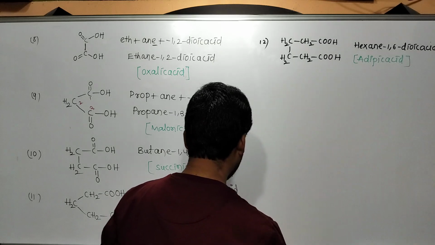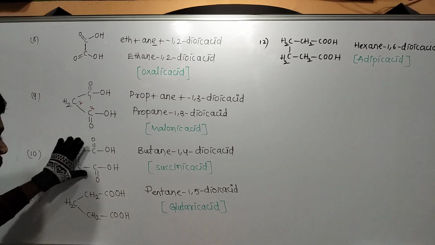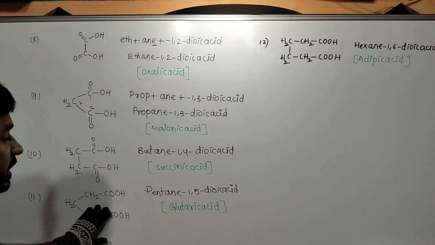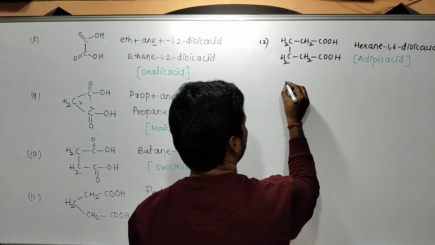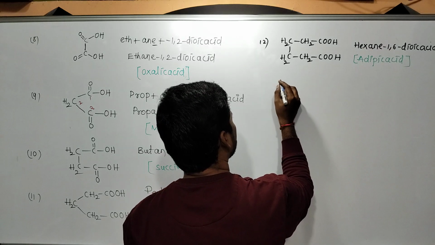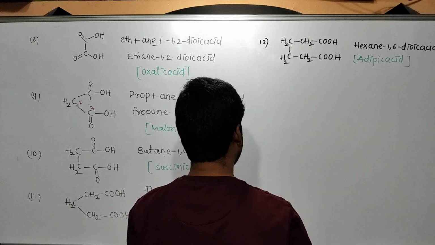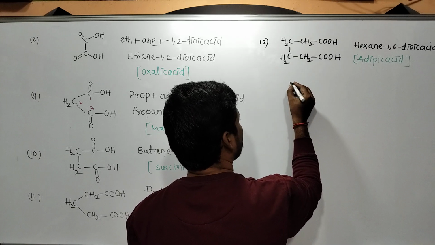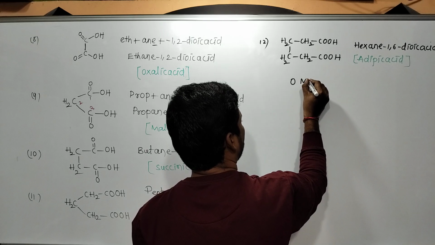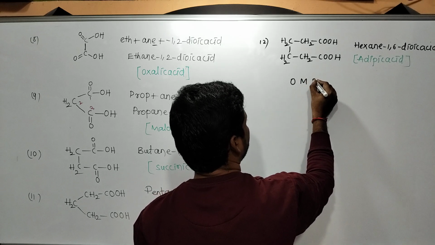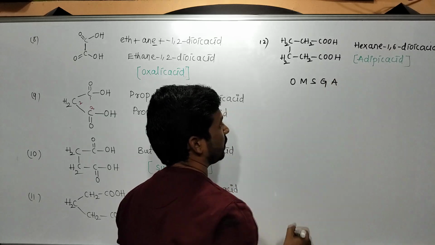So with 2 carbons, 2 COOH groups, 3 carbons, 2 COOH groups, 4 carbon dicarboxylic acid, 5 carbon dicarboxylic acid, 6 carbon dicarboxylic acid. Remember this as a hint or key, that is a trick: oxalic acid, malonic acid, succinic acid, glutaric acid, adipic acid.